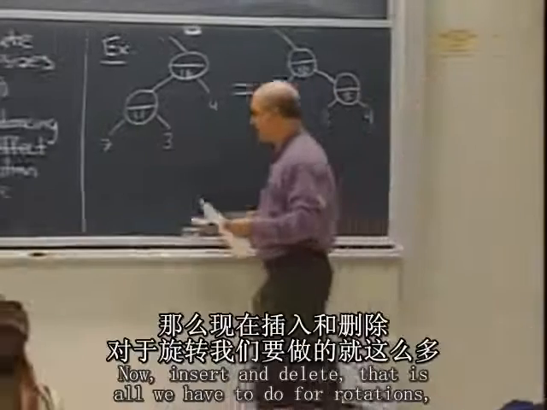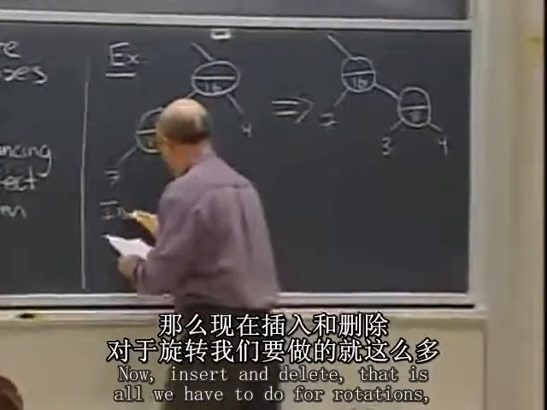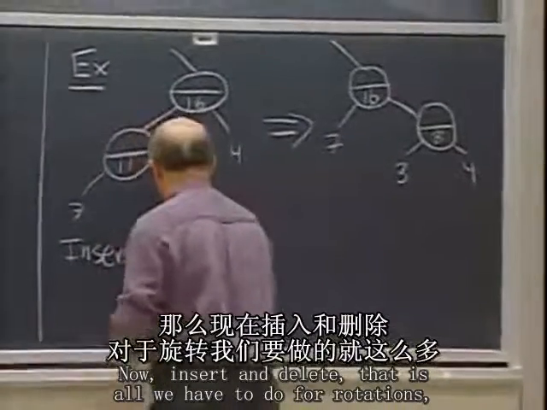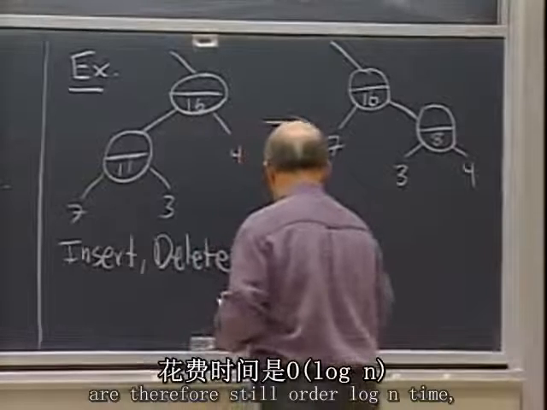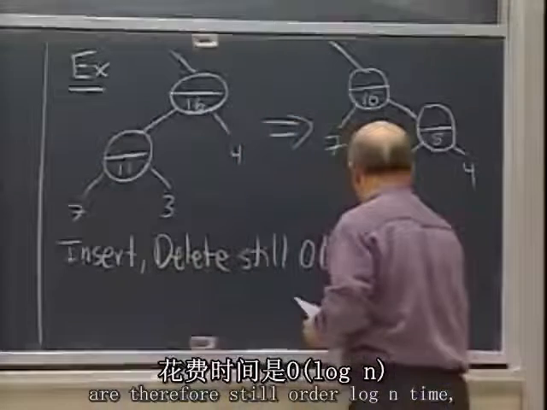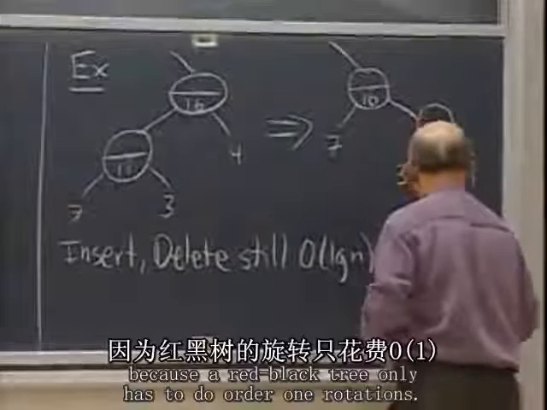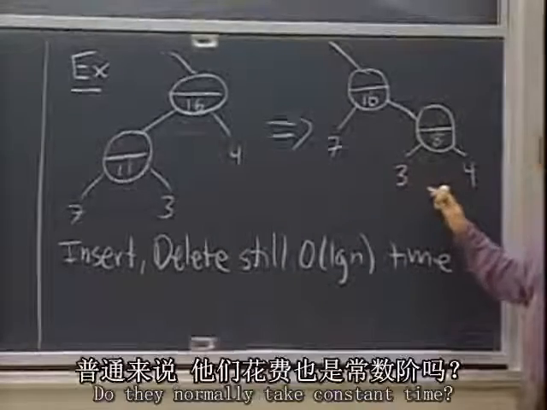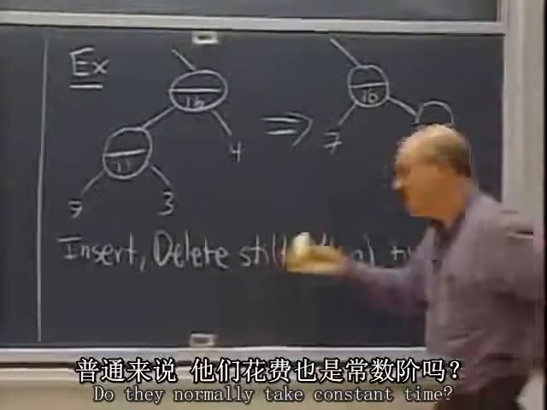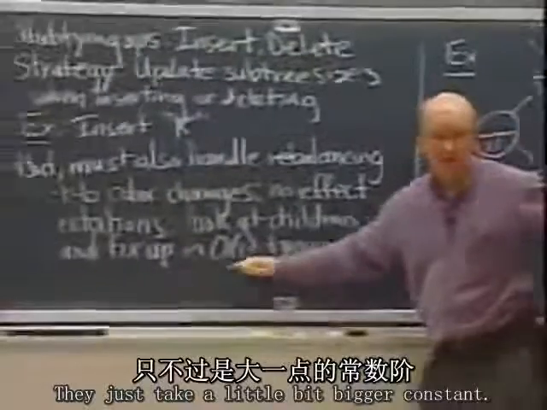And so now insert and delete. That's all we have to do for rotations, which are therefore still order log n time, because a red-black tree only has to do order 1 rotations. Those normally take constant time. Well, they still take constant time, just a little bit bigger constant.